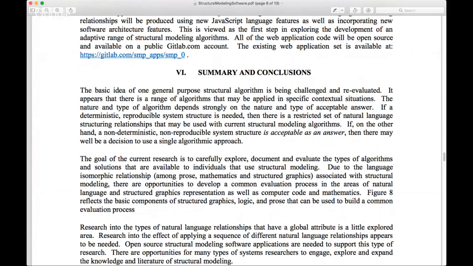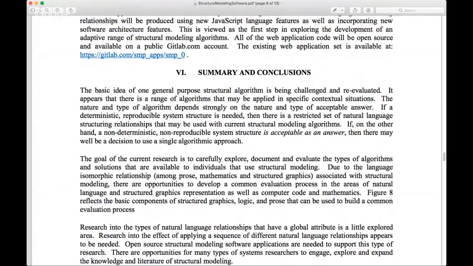This works well in area XYZ, but it doesn't work too well over in DEF. So you need to determine that and then develop the algorithms, if you can, that allow you to improve situations where you're engaging with context in DEF. So that's kind of what's going on there.